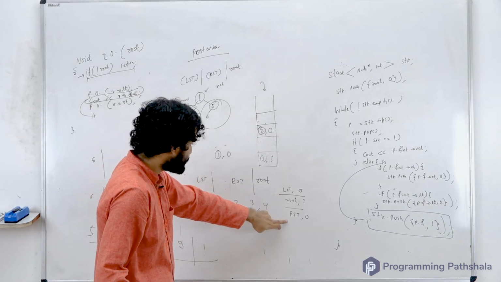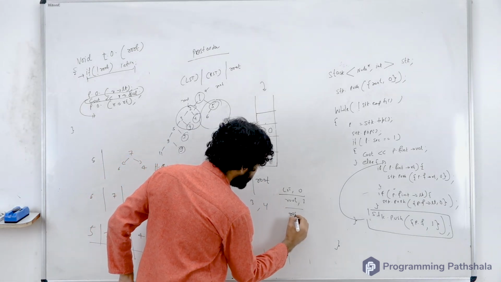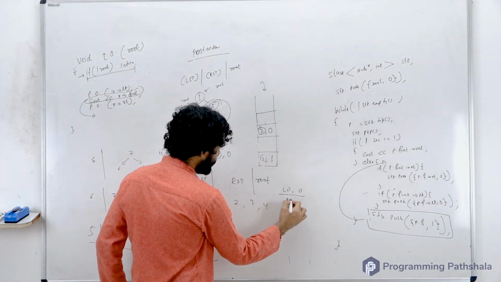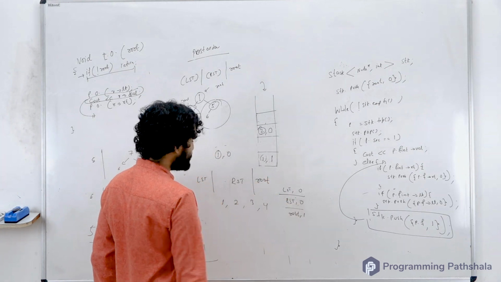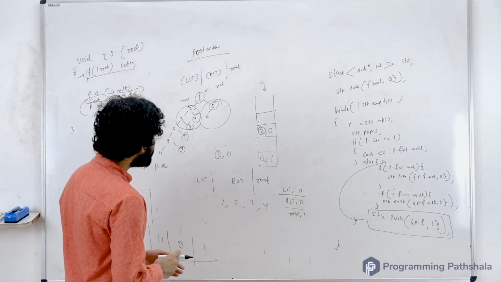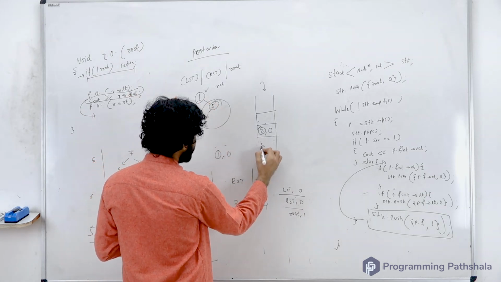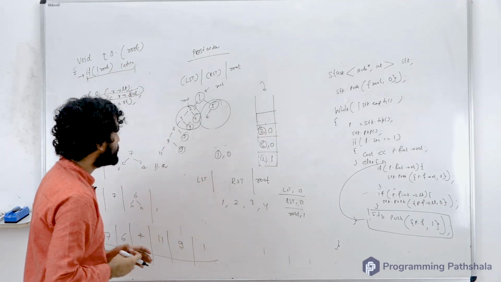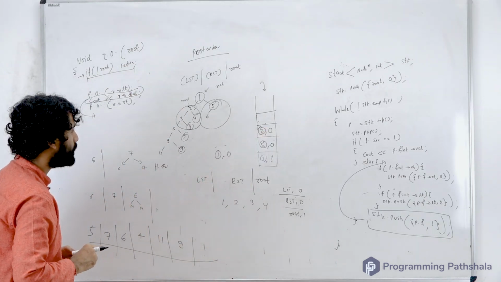And before this root, I would want my right subtree to be printed, and before that, the left subtree to be printed. So after pushing my root, I will push my right subtree node with flag 0, and then the left subtree node with flag 0. So this is how it would go on and on.